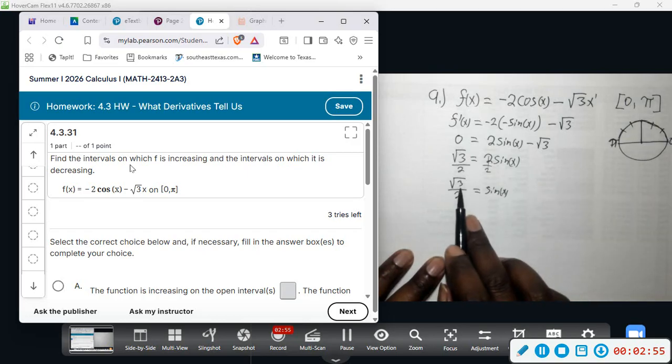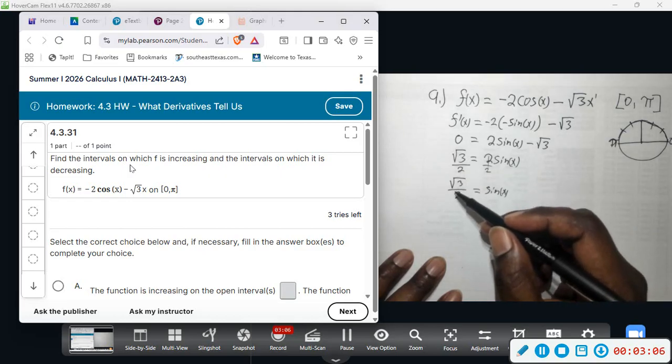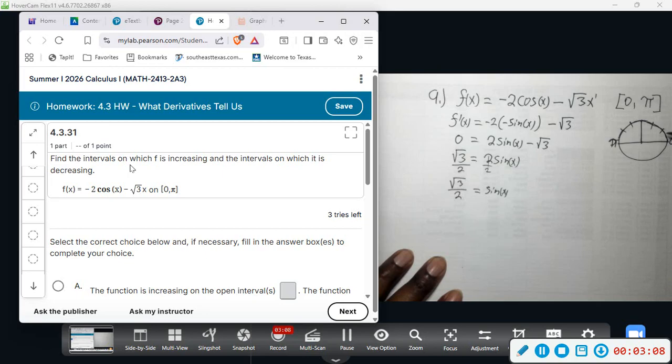2 ordered pairs, or 2 values of pi, will give us square root of 3 over 2. Square root of 3 over 2 is the y coordinate. So we go over a half and then up more. So this ordered pair, let's say this is pi over 6.